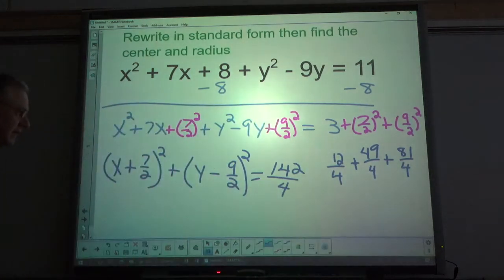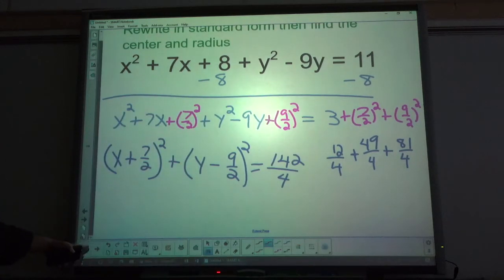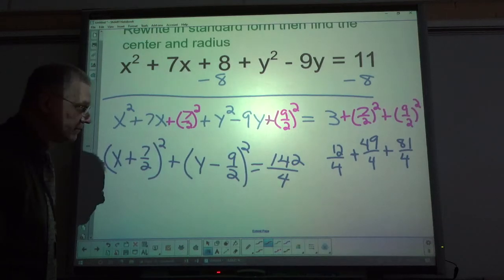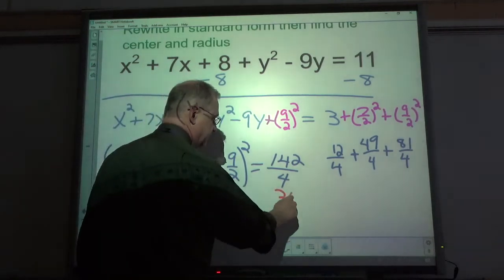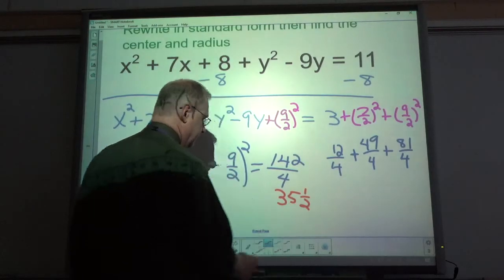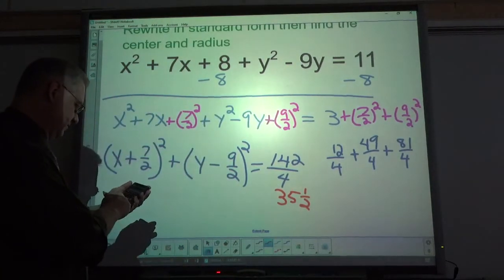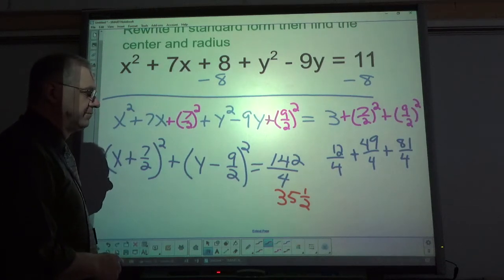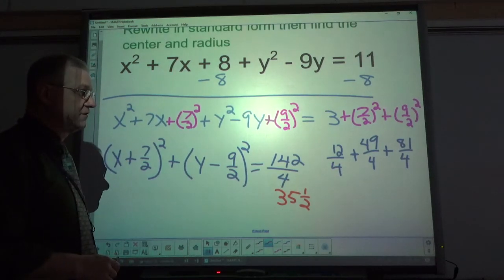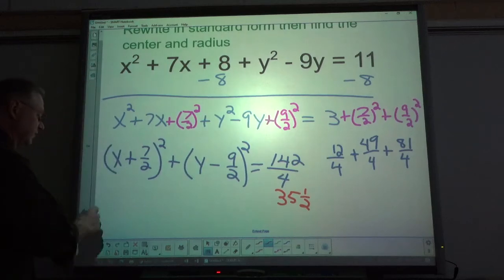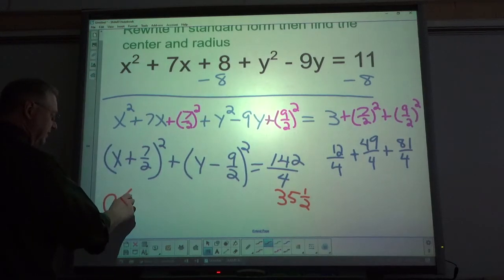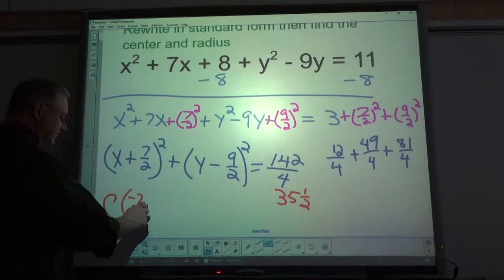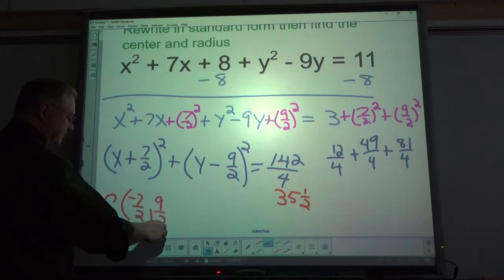All right. Now, I could simplify that. That's 35 and a half, I believe. Yes. But for purposes of finding the radius, now we know the center is going to be at -7/2, 9/2.